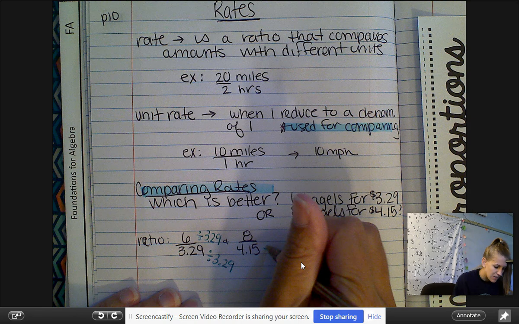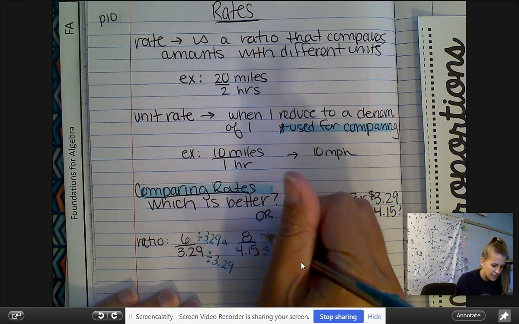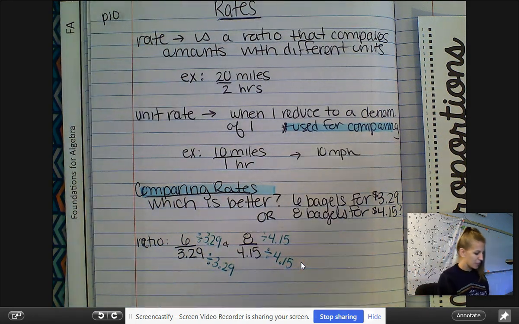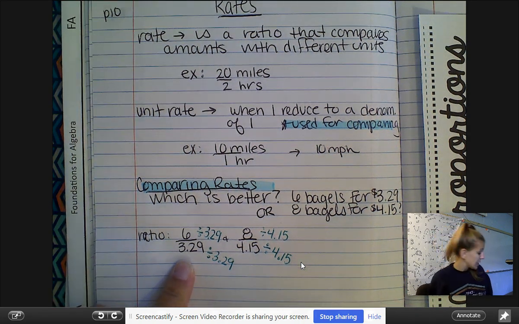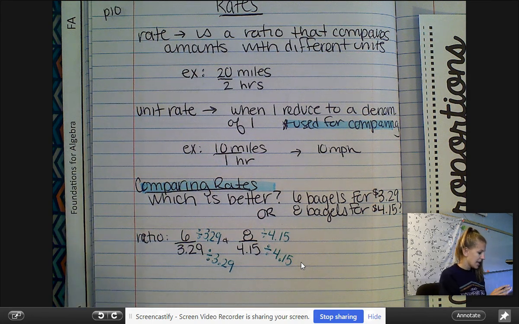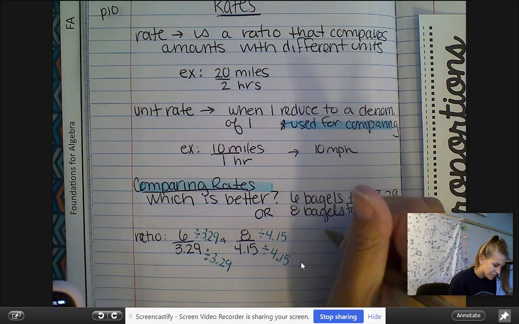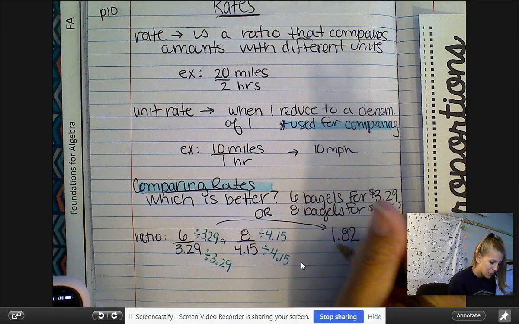Then over here, I need to also make my denominator 1. So I need to divide by exactly that number, 4.15, so that I'm comparing the same denominator so that we can see which one is the better buy. So when I divide 6 by 3.29, oh my gosh, I need my calculator. 6 divided by 3.29 is $1.82 per 1 bagel.